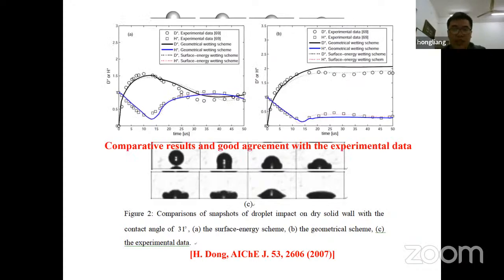Next. Also, we compute the spring diameter and the spring lattice, and we can see the results by the two schemes also agree well with the experimental data. Next.